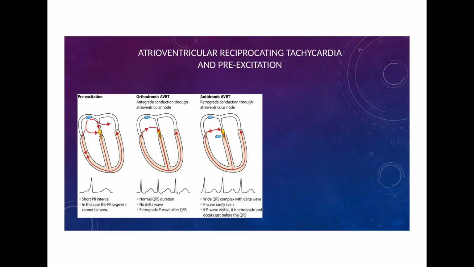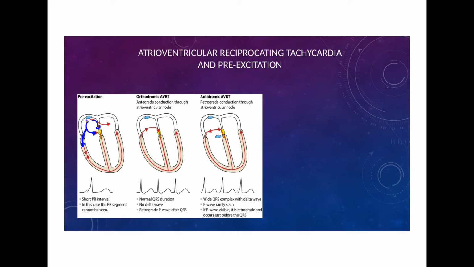Something related to AVNRT is AVRT, atrioventricular reciprocating tachycardia, and that occurs in patients with an accessory pathway or Wolff-Parkinson-White syndrome. So you see here a normal patient with Wolff-Parkinson-White syndrome. In addition to these pathways that go into the AV node, they have this extra accessory pathway that bypasses the AV node and goes directly into the ventricles.